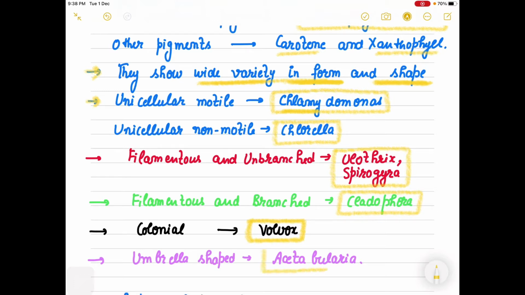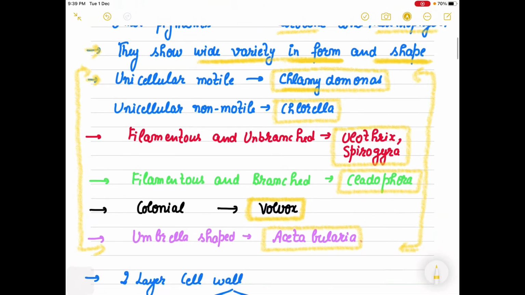Umbrella shaped, Acetabularia. Please, today only write them on your paper and paste it in front of your study table. Please do that for me, so that these examples should be known to you, that these are the examples of green algae.